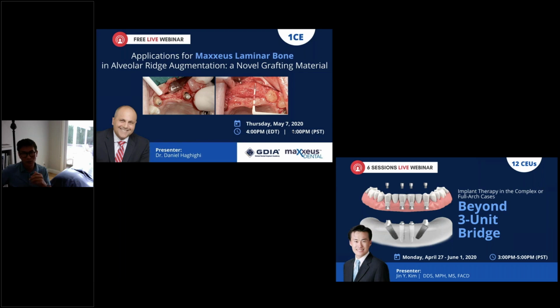Soft tissue is actually very tough. For me, it's harder than just GBR with the bone and then implantation, because your suture technique is very, very key, and then controlling the donor site or some of the materials that we're using.